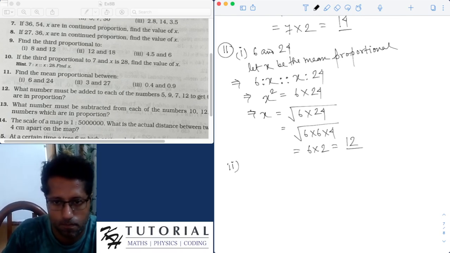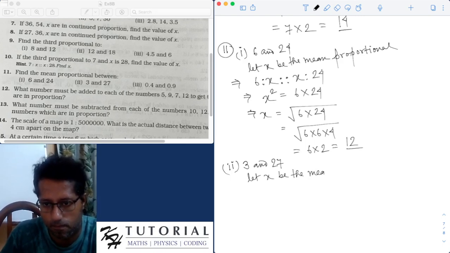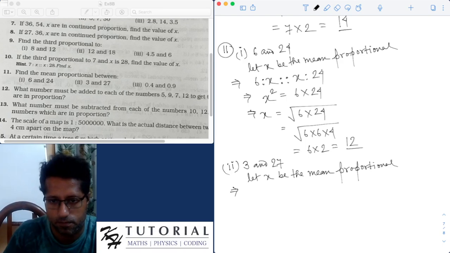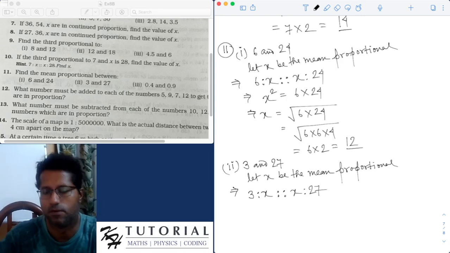Part 2, 3 and 27. So let x be the mean proportional. So this implies 3 is to x will be equal to x is to 27.